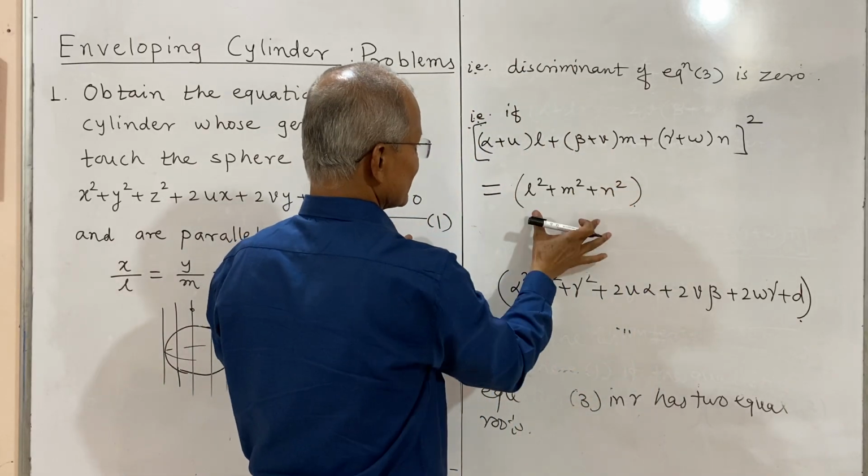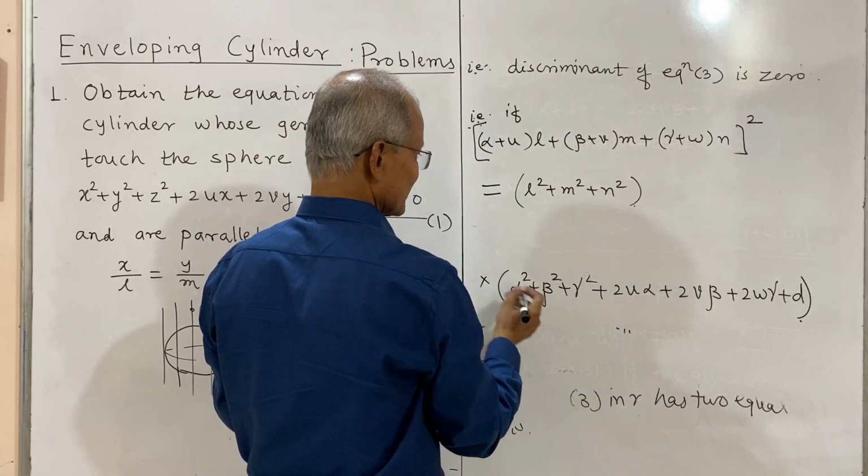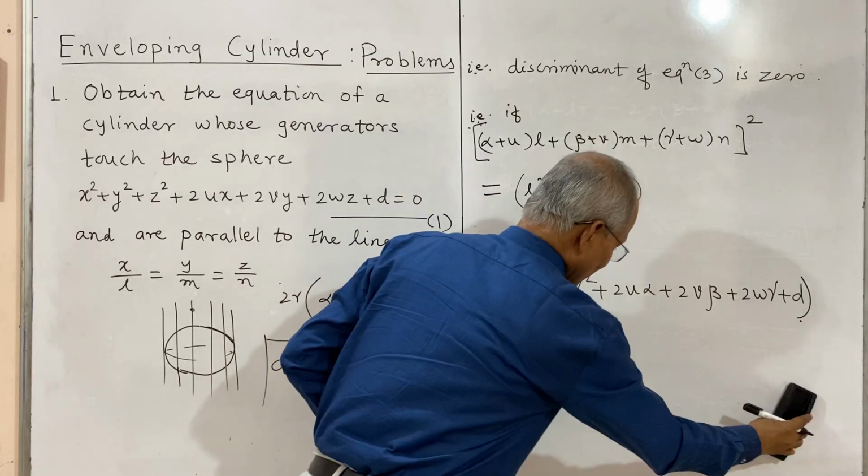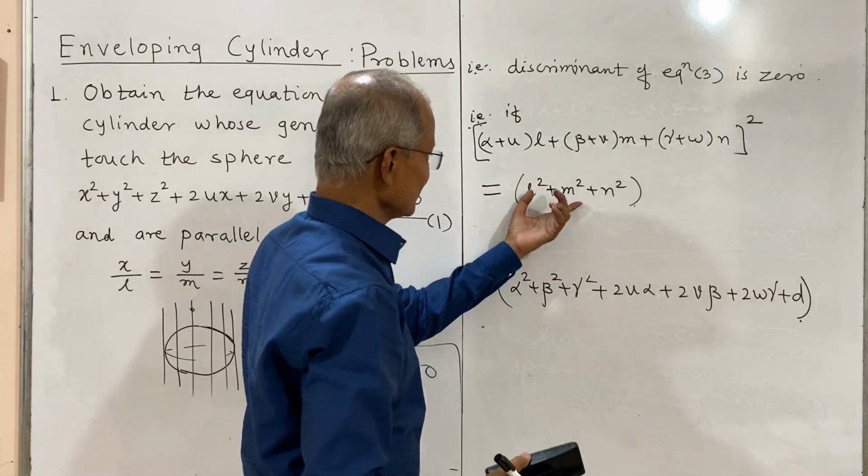So this square is equal to the product of these two terms.